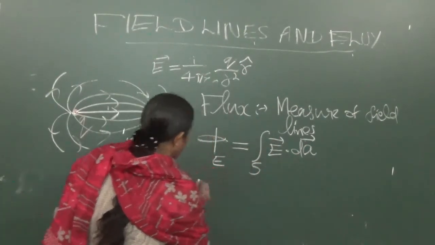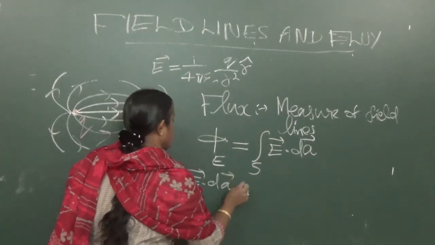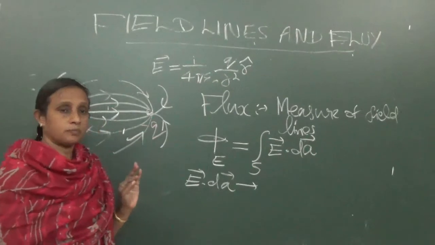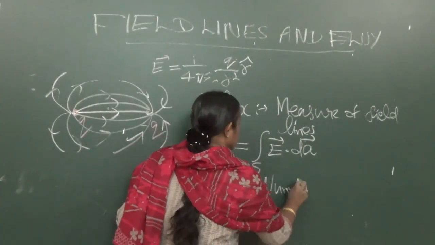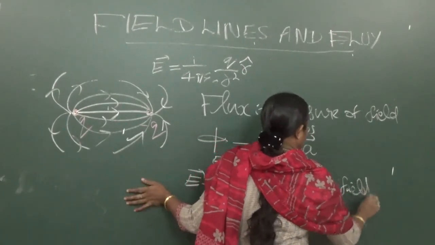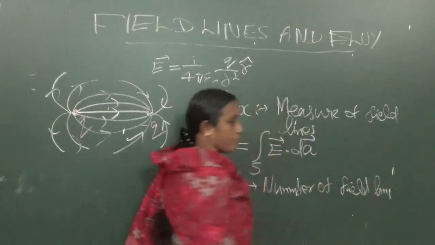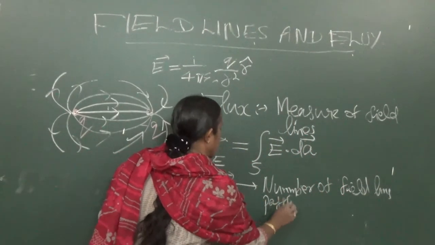This E dot dA represents the number of field lines passing through infinitesimal area dA.